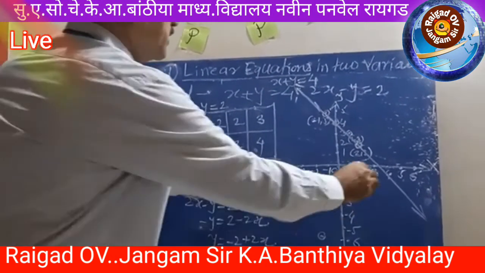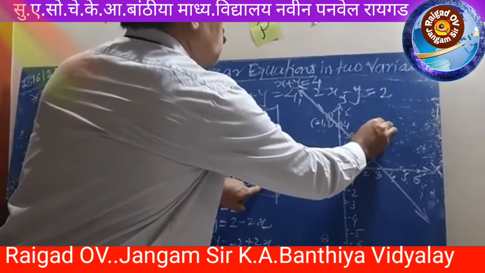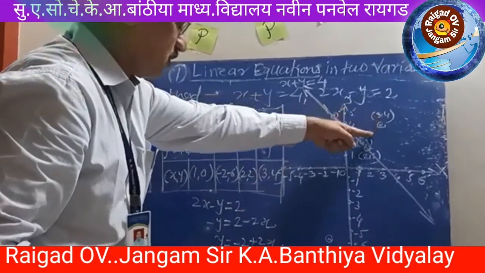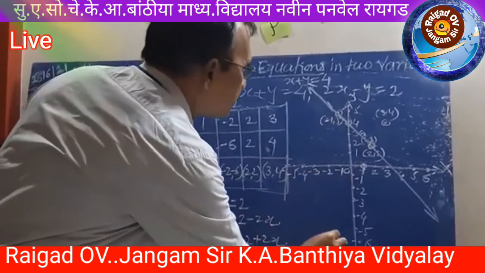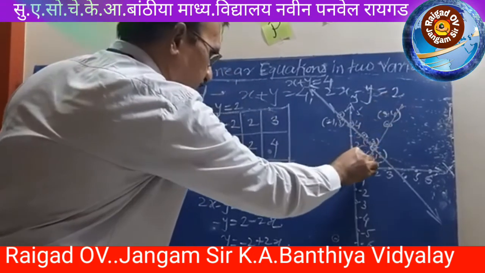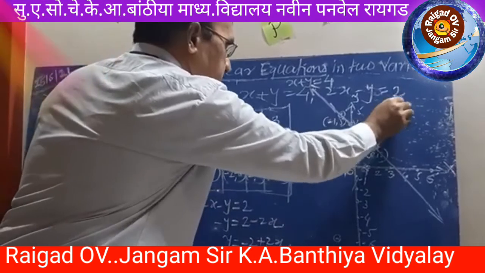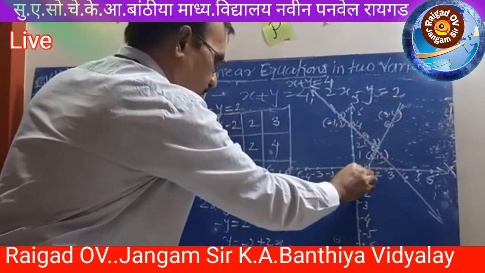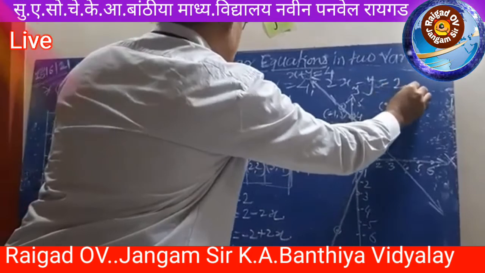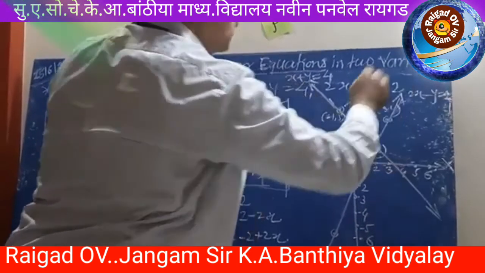Then (3, 4). This is also in first quadrant. That means these 4 points are collinear points. These 4 points are collinear if we join these points with the help of scale. Try to understand. This is graph of second equation, 2x minus y is equal to 2.